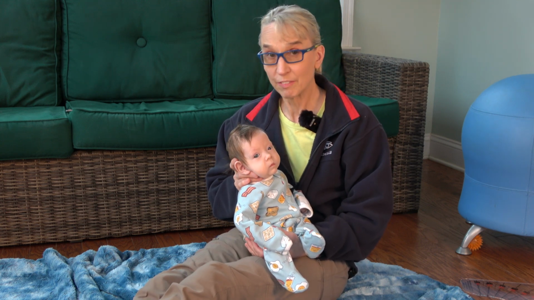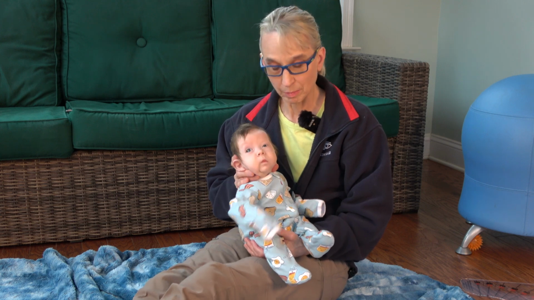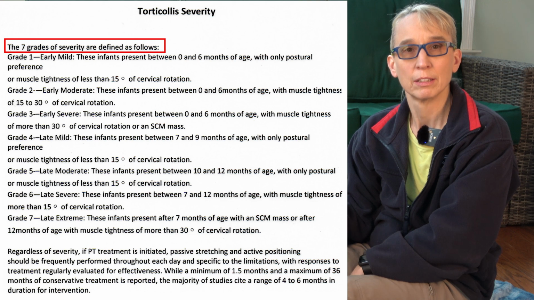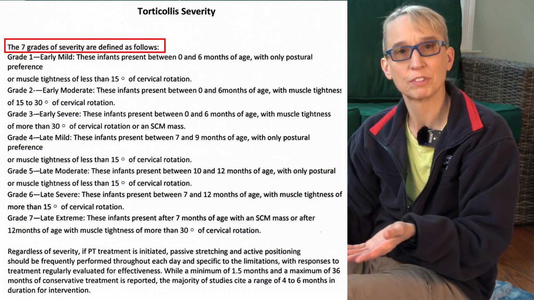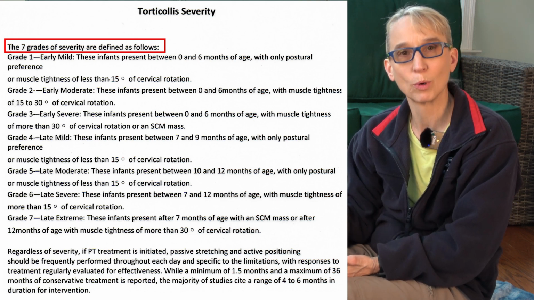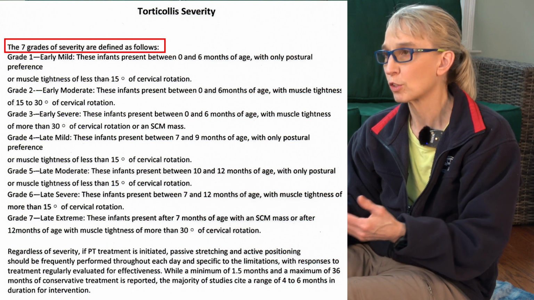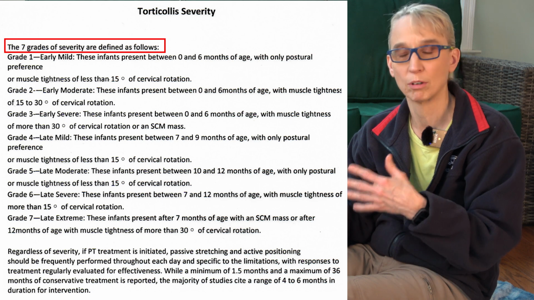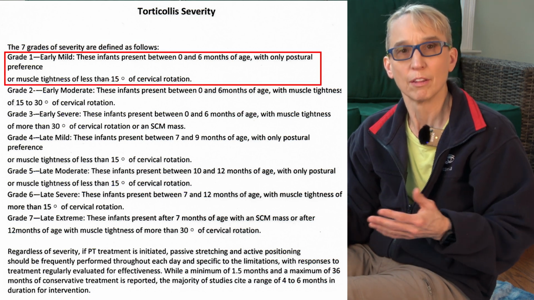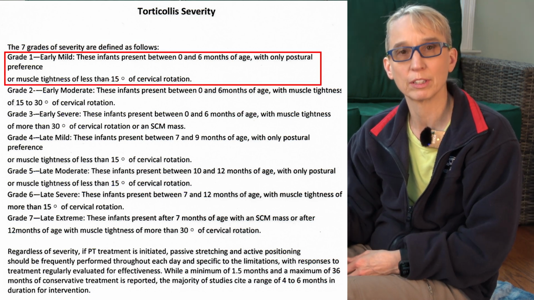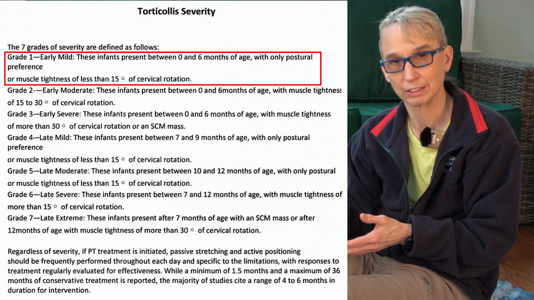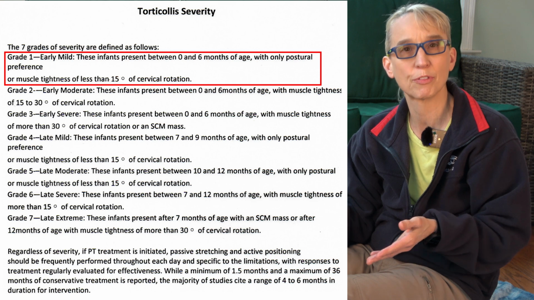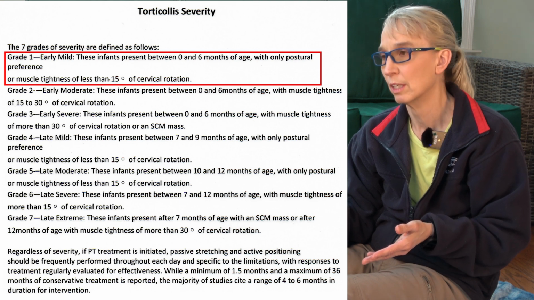So there's a 7-point scale that talks about the severity of the torticollis. In torticollis, there is a range of severity that is on a 7-point scale. There are two ways in which the severity is described or categorized. The first one is how old is the child? If the child is birth to 6 months of age, then you automatically fall in the first of 3 different categories.